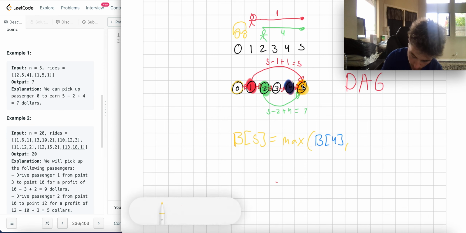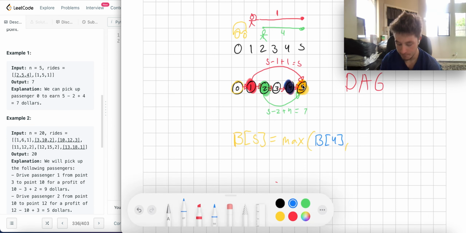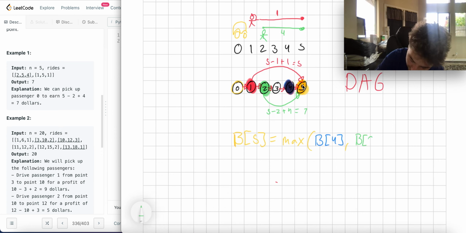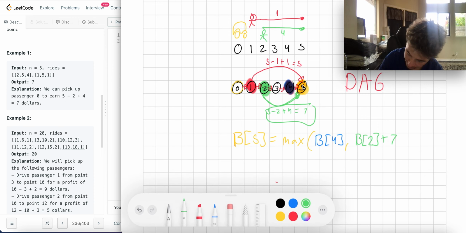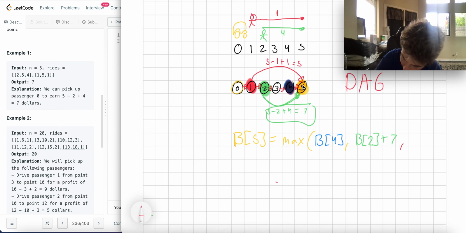Or whatever the best thing is going from 2, looking at this link, plus the amount of money that I would get from that, which is 7. Or whatever's the best coming from 1 plus the amount of money I'd get coming from 1.